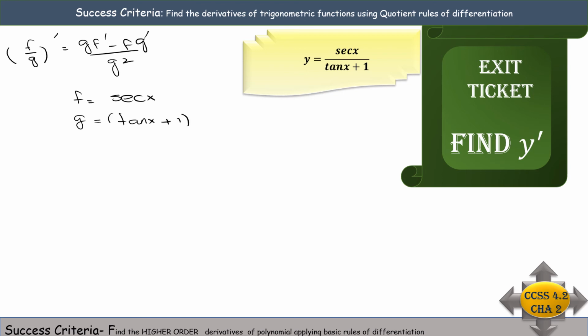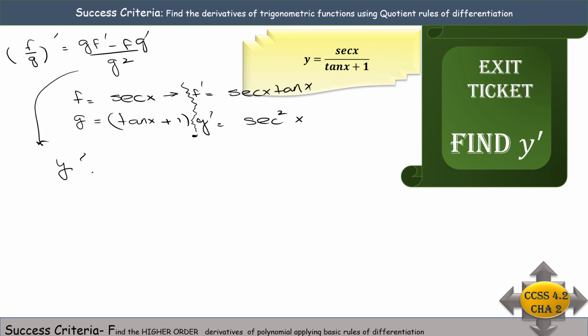Now, the derivative of secant x is secant x tangent x, and the derivative of 10x plus 1 is sec square x. I wrote it here directly so that we can put these terms in the formula directly.